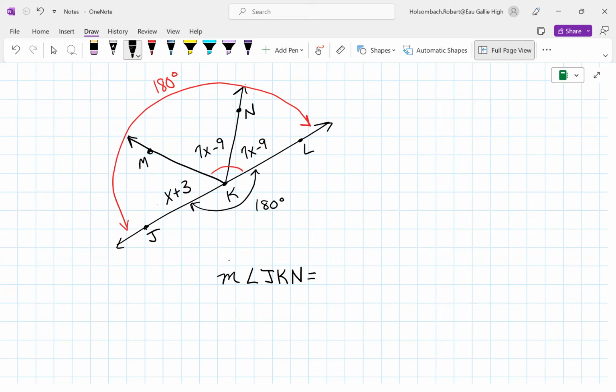So some of you can add the x to the 7x to the 7x, but I'm just going to write it all out. We're going to take x plus 3 plus 7x minus 9 plus another 7x minus 9. And those three angles added together have to equal 180.